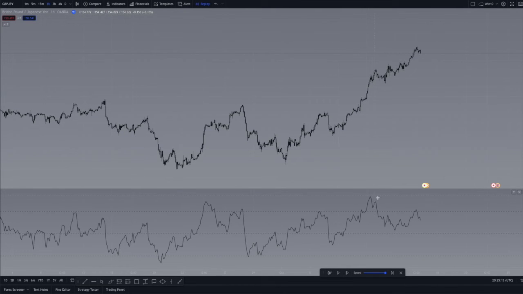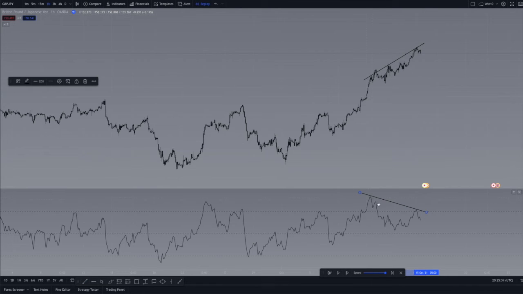And if you look here on the RSI, from this point on, it's in a downtrend, from there to roughly there, and here to roughly there.